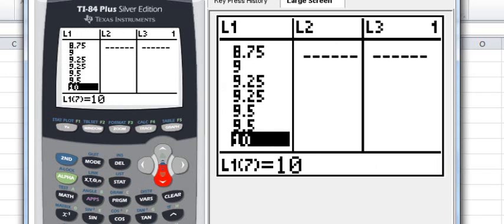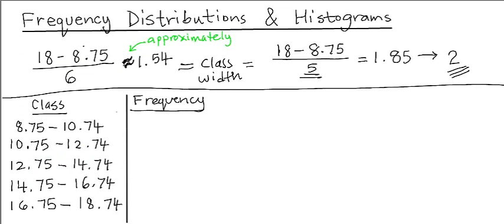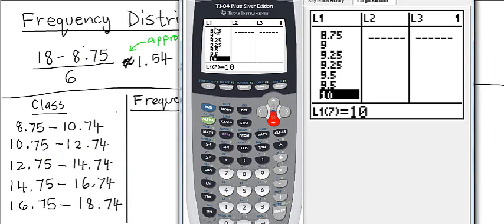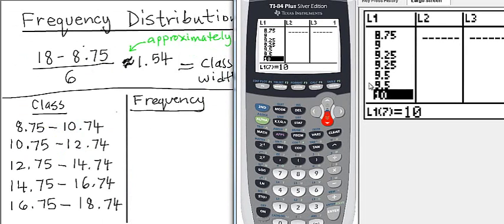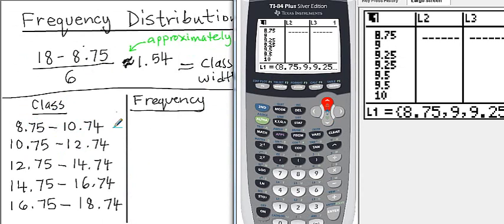So let's go back to our frequency distribution. And I want to now find the number of points, or the number of observations, between 8.75 and 10.74.